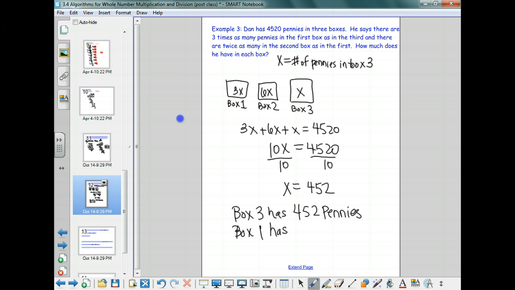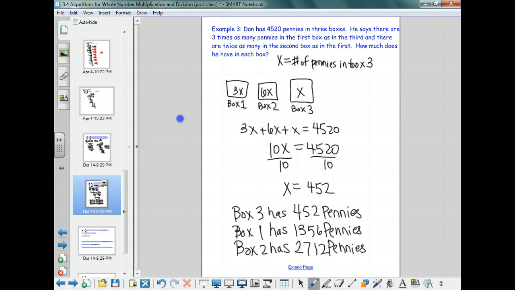Has how many? 1,356. Okay, good. I want to make sure I heard you right. This is pennies as well. And then someone else tell me what you do for box 2. Awesome. So I'll take my 1356 and I'll double it. And what do you get? Do you know that, Brendan? 1712 or 2712? 2712? Yeah, okay, good.